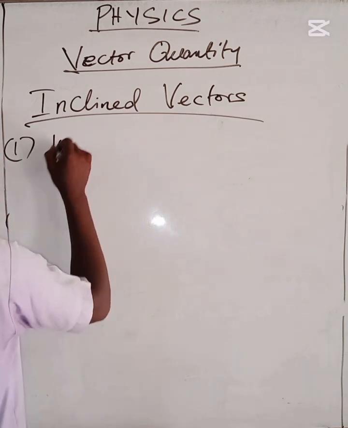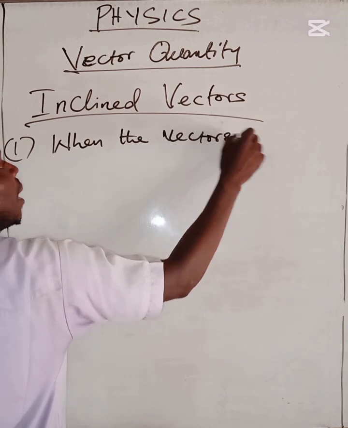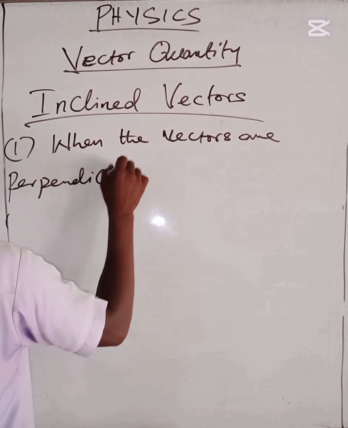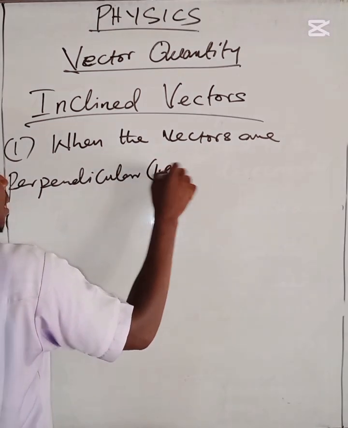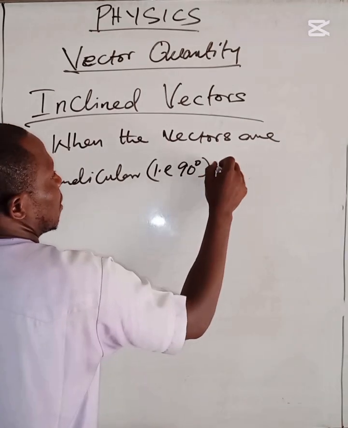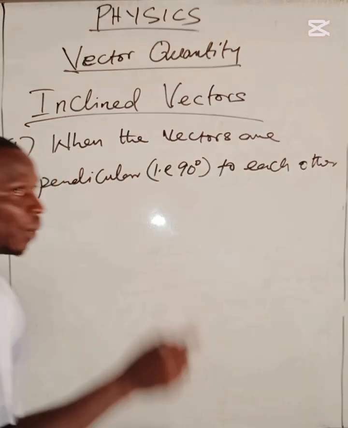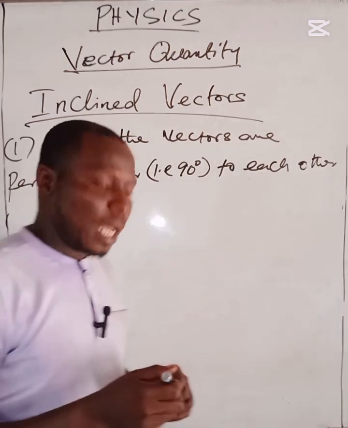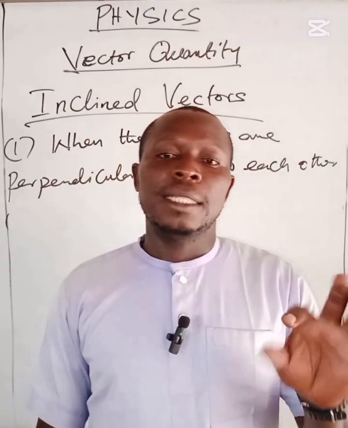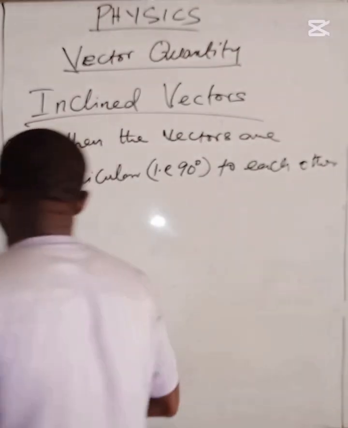When the vectors are inclined at angle 90, that is, they are perpendicular, i.e. at angle 90 degrees to each other, we make use of Pythagoras theorem and trigonometric ratio to find the resultant vector, and then the direction of the vector. We use trigonometric ratio to find it.